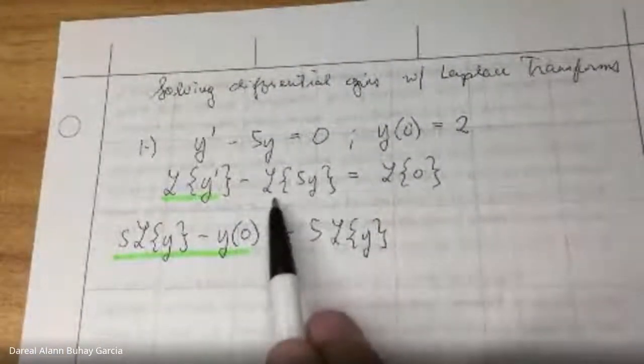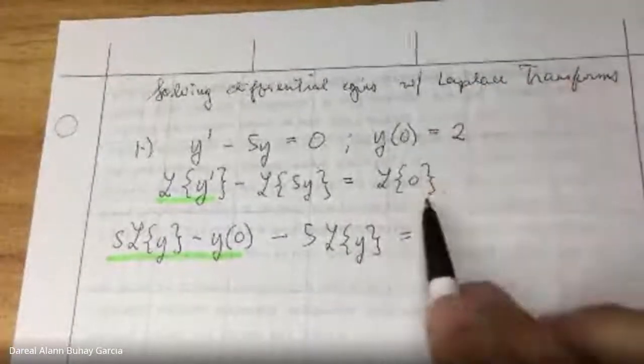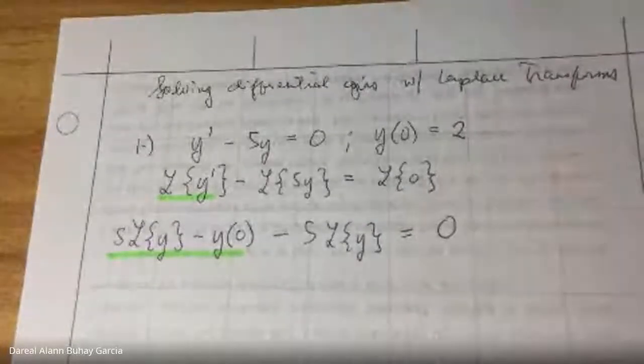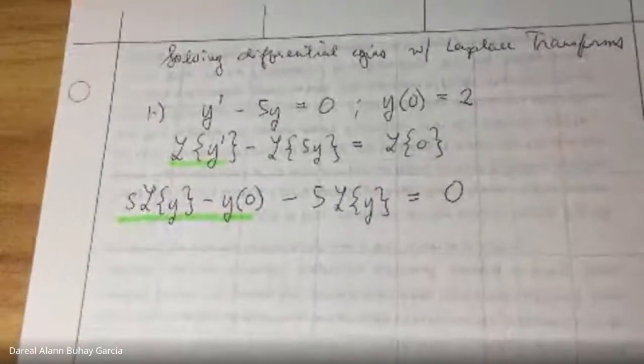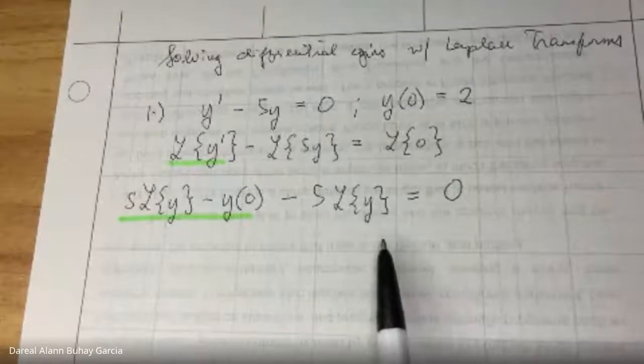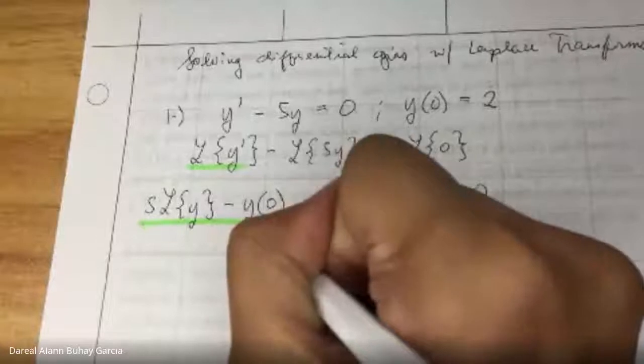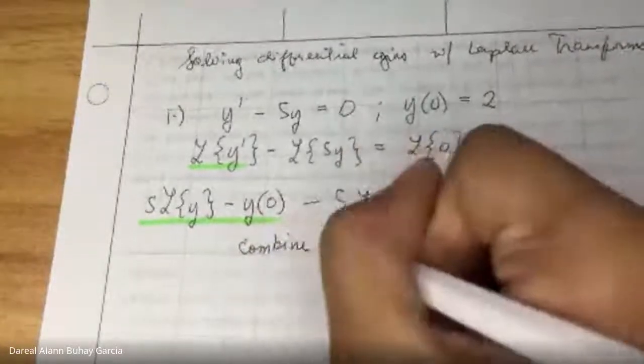Equals, the Laplace of 0 is 0. Now combine like terms and simplify.